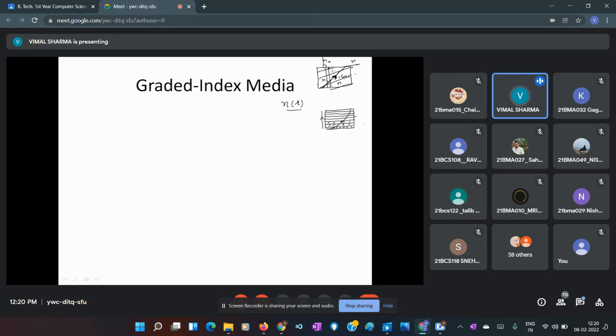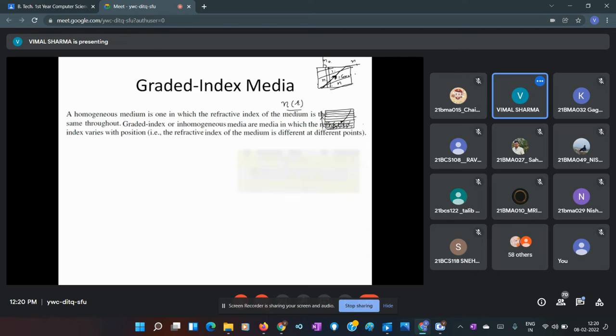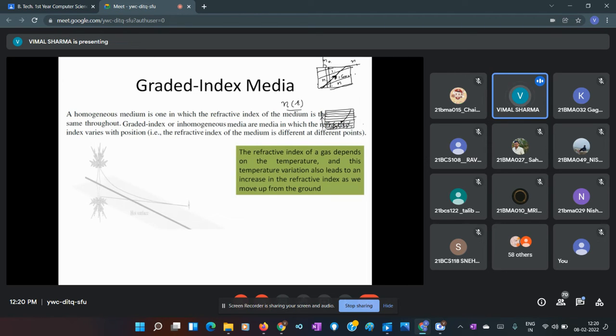So this is a graded index medium, and due to this type of medium, you see mirage formation in deserts.